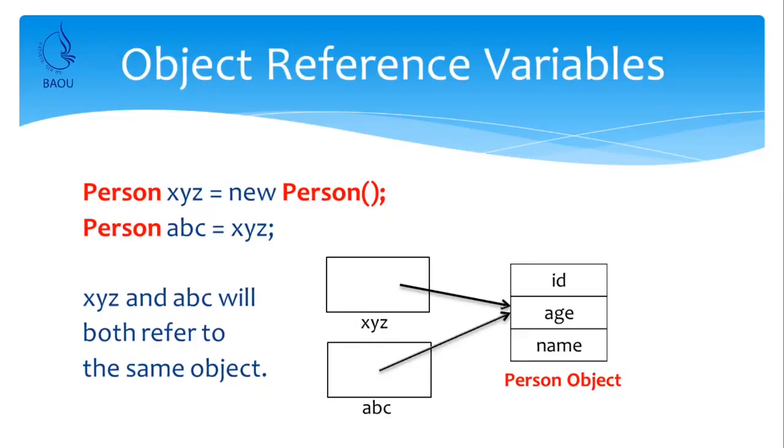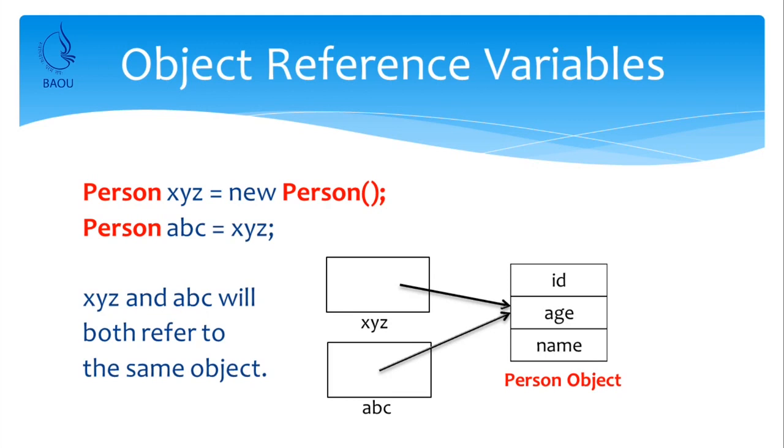The next is the object reference variable. For example, if I declare xyz as a Person object and then in the second line I write Person abc is equal to xyz, what will happen? In the case of an ordinary variable, separate memory is allocated for xyz and abc and the value of xyz is stored inside abc, but this is not the case with objects.